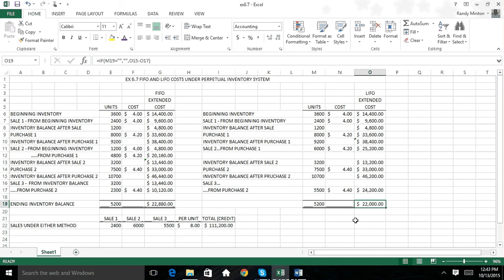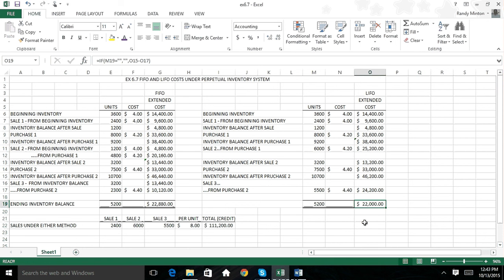So what does that mean? Well, it means that in a period of rising prices, LIFO inventories are going to yield the lowest amount of inventory, therefore the greatest amount of cost of goods sold, and the lowest amount of net profit.